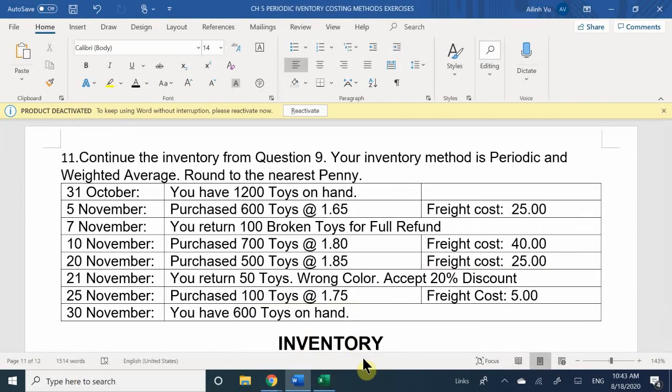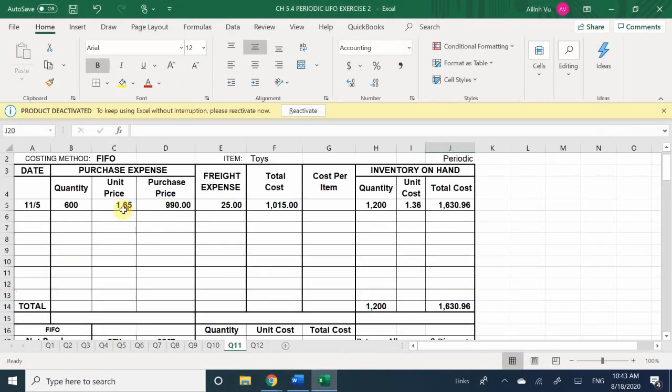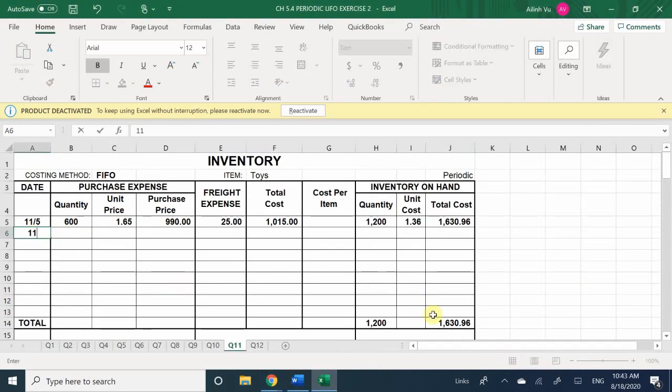So what happened next? Another purchase. 700 at $1.80. So here, November 10, 700 at $1.80.